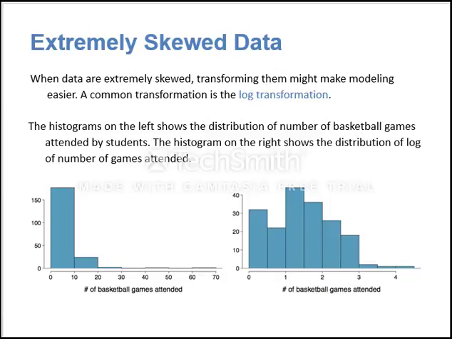When we have an extremely skewed distribution, it becomes such a problem sometimes that we make transformations to the data. The most simple and effective one is the log transformation, and there are various reasons that I'm not going to get into why a log transformation is so useful in so many different settings. But just take a look at this example. We have the number of basketball games attended.